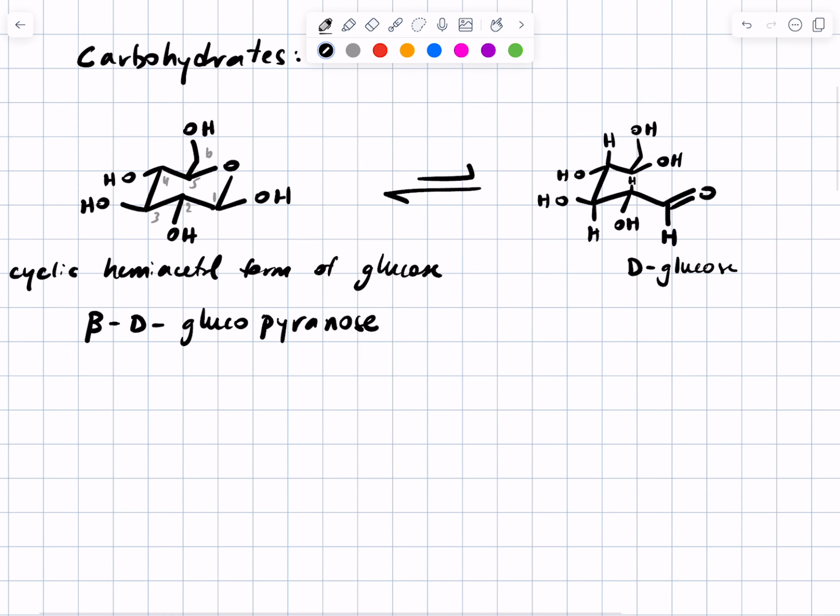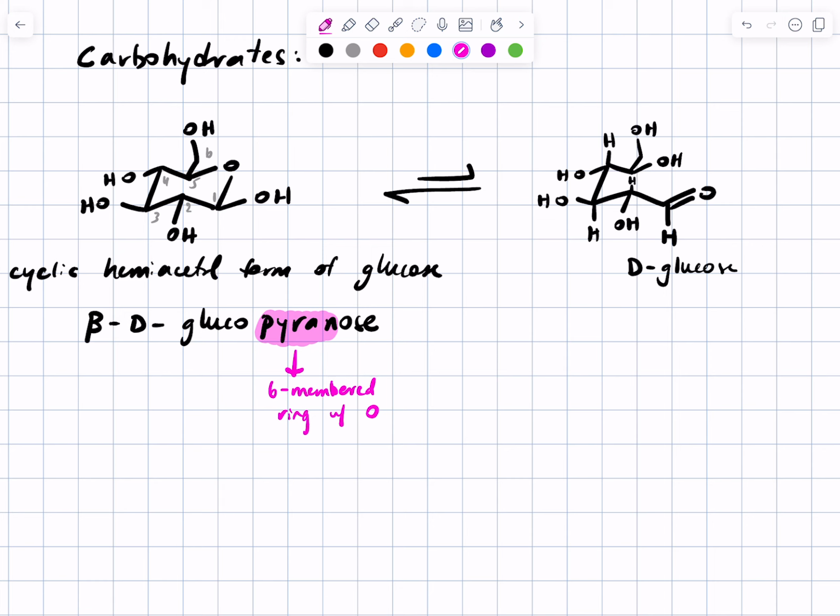So the ose tells you that it's a sugar. The pyran part tells you specifically that it is a 6-membered ring. I'm not sure why. A 6-membered ring with an oxygen.